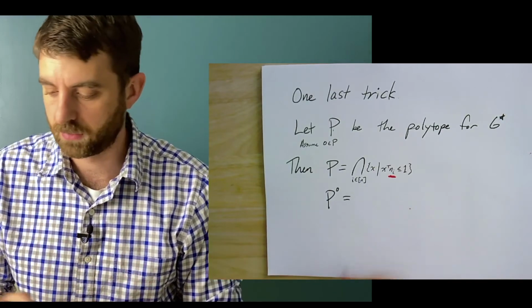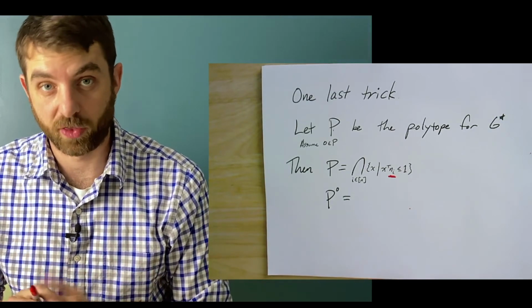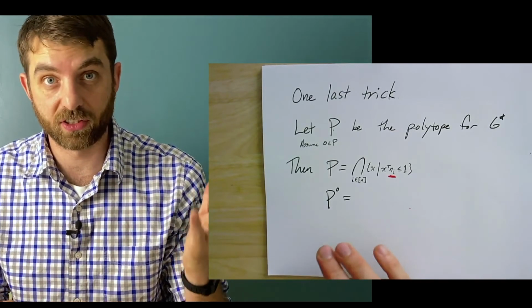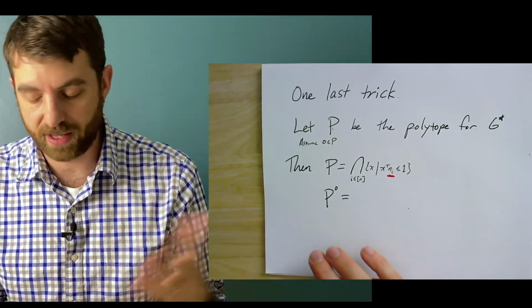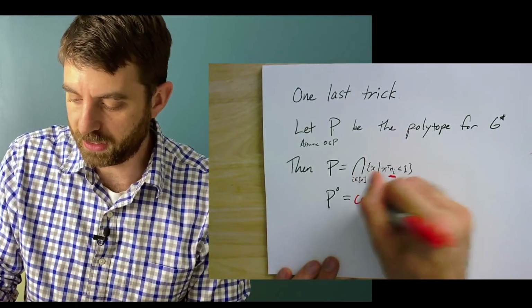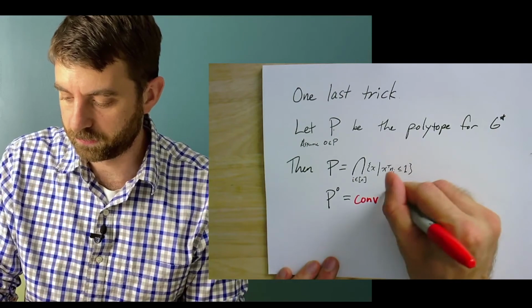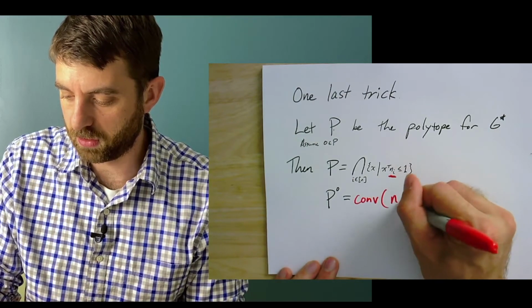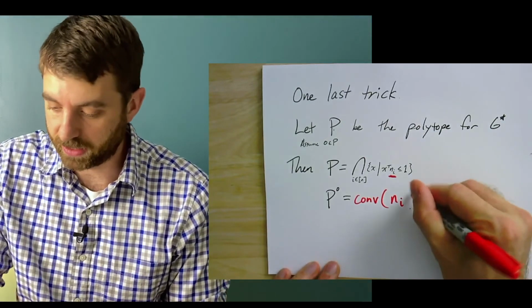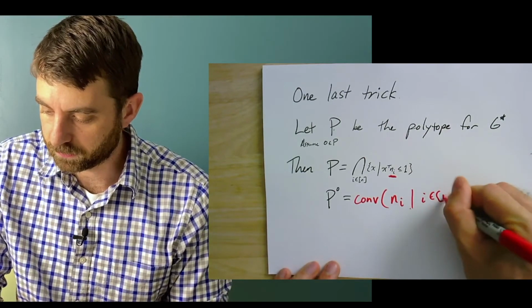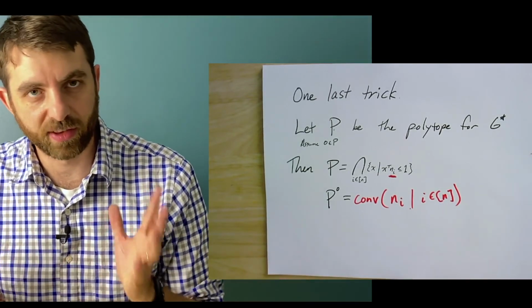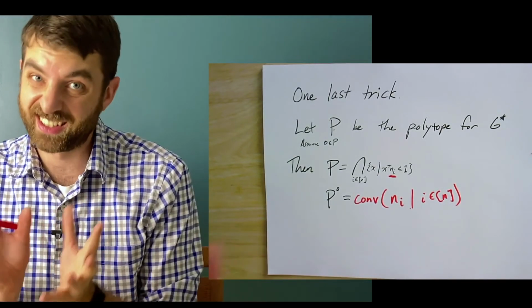Well, there's this object called the polar of P, and there's a general definition of how to take a polar of any set, but in this particular case, this polar will be equal to the convex closure of the set of all these normal vectors. Seems like an odd thing to do. Take all these normal vectors, think of them as points, take their convex closure, it's a different polytope.